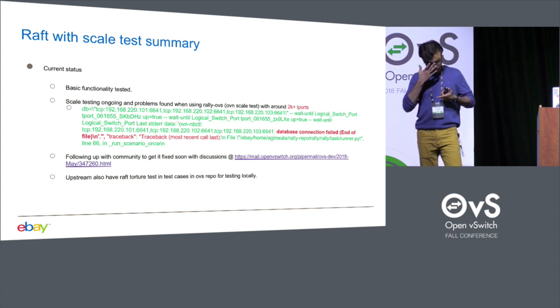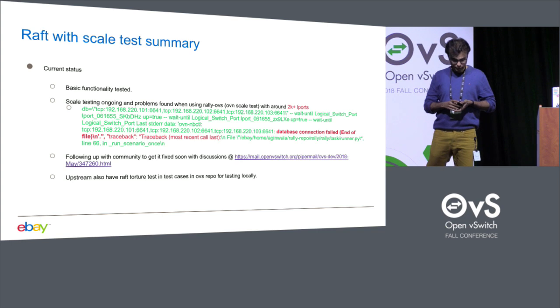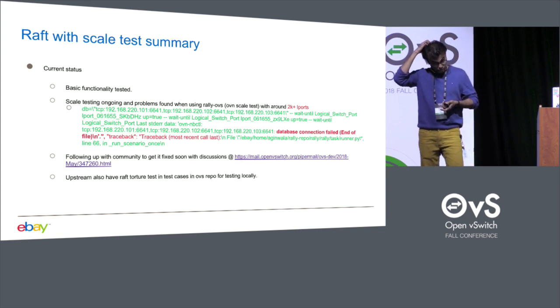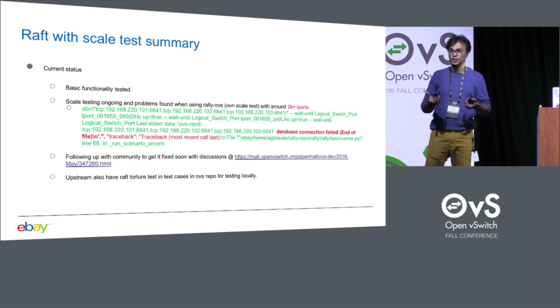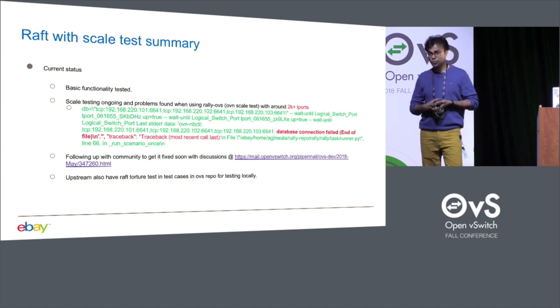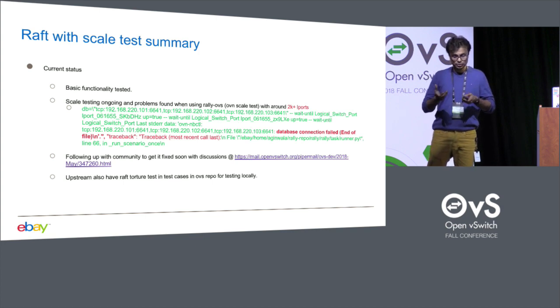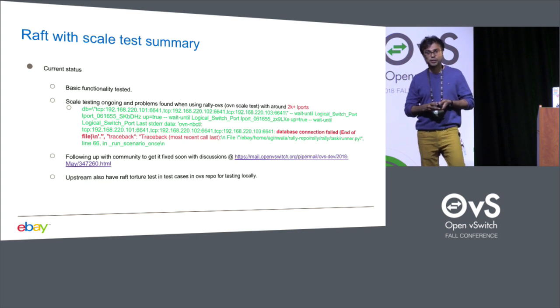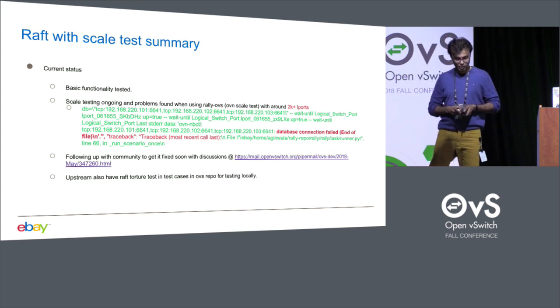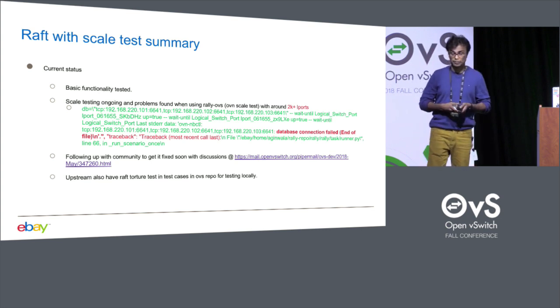This is already proposed and submitted upstream. Also, upstream came up with a Raft torture test, which you can run on your local laptop with make sandbox, just to give you an idea. There are some fixes for Raft which were recently uploaded upstream. We are going to try them out with the scale test again to see if that has fixed it and the test completes.